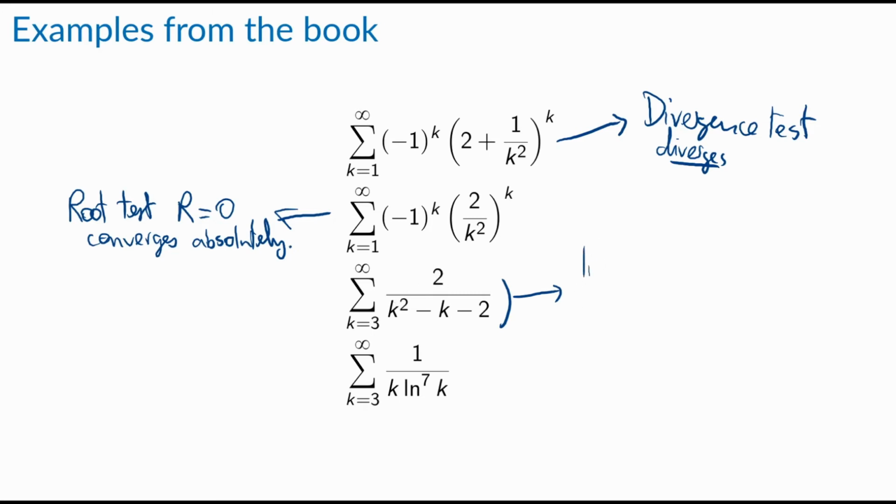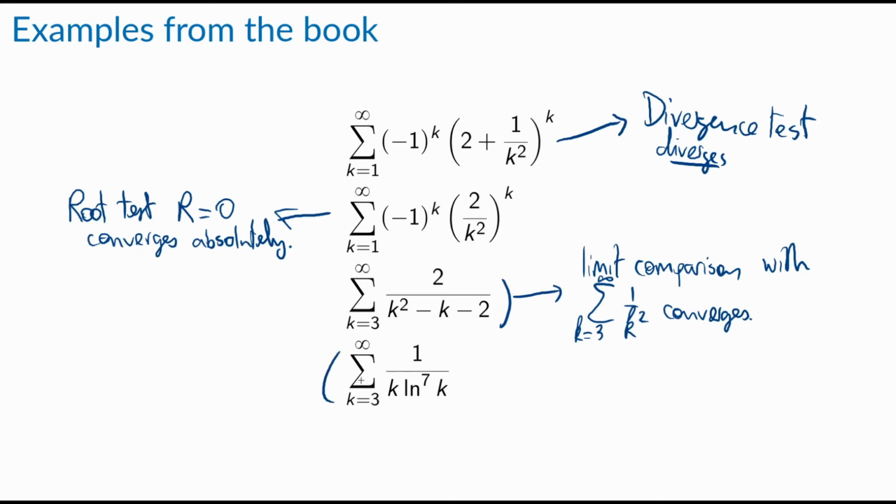So we do limit comparison with 1 over k squared. This converges, it's a p-series. And if you calculate the limit, you'll see that you end up with a limit of 2 as the ratio of this term to that term. So limit comparison says that this series converges because 1 over k squared converges.